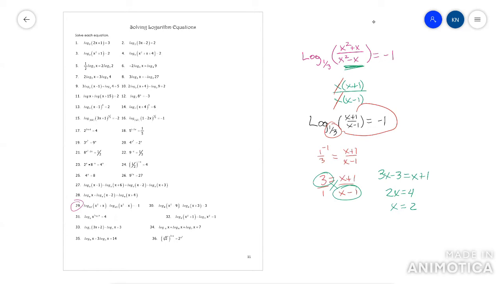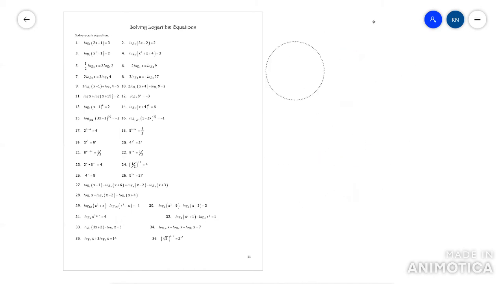Okay. And then we'll do one of these difficult ones. Let's do 33. That'll be the last one. When I look at 33, I see log minus log, so I'm going to go ahead and make them 1 log. Just like that.